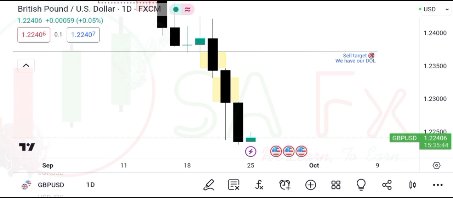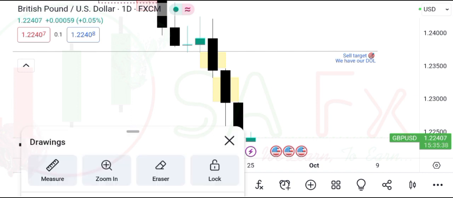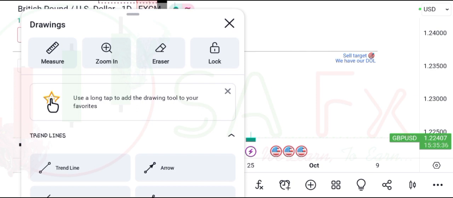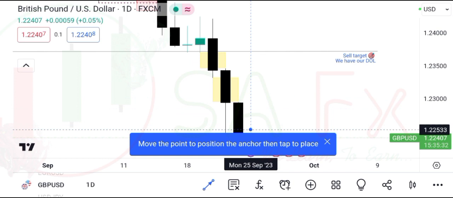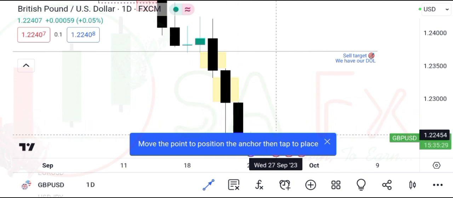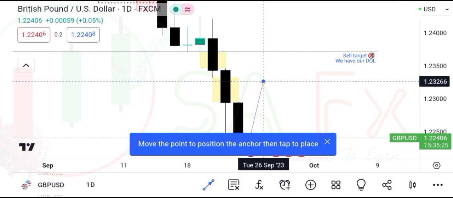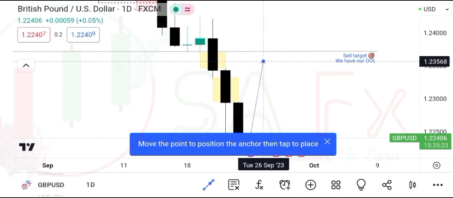We are expecting that we have something like, from here, we're expecting to see a move upward, either here or here.